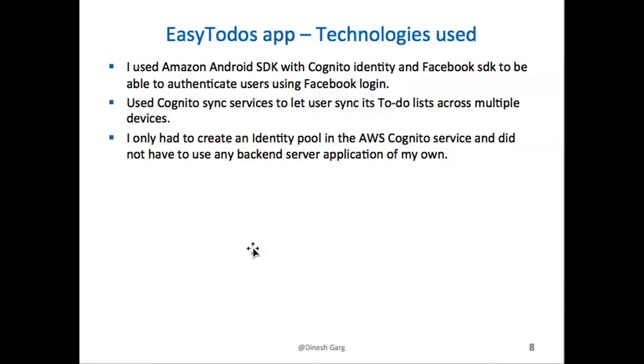We're using Cognito identity to be able to save the login token, and then to be able to save the to-do items or the to-do list and keep them in sync for all the devices for the same user, we're going to use a service called Cognito Sync, which is available in the Cognito identity pool.